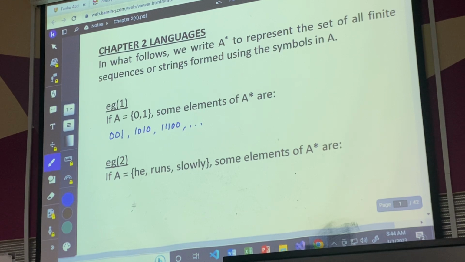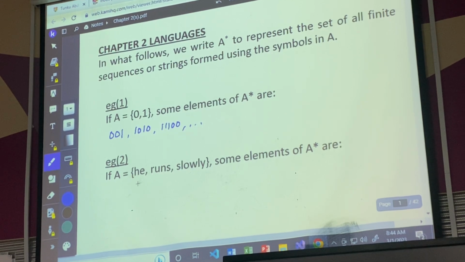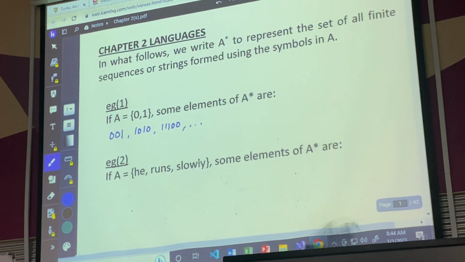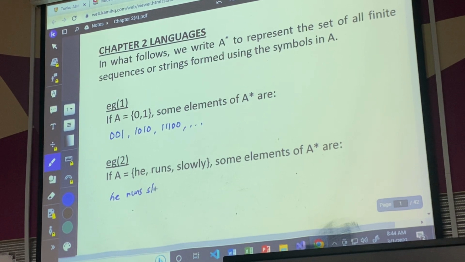And then let's say we have the words inside the set A: he, runs, slowly. We can also form a string by using the words instead of the elements one by one like this. We will consider each word as one element. You can combine them in a string, meaning to form a sentence, you can say he runs slowly.